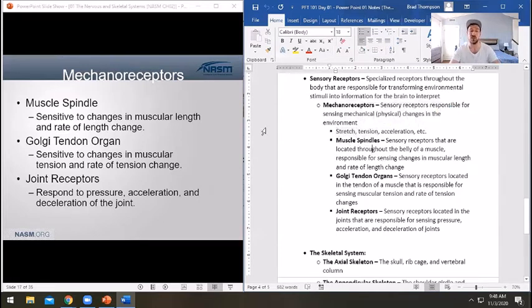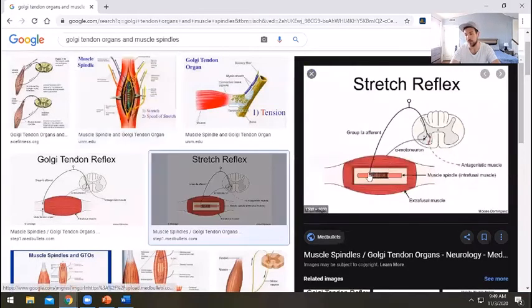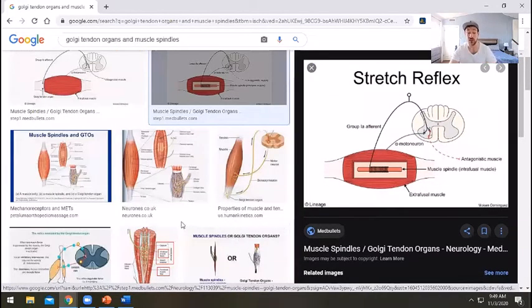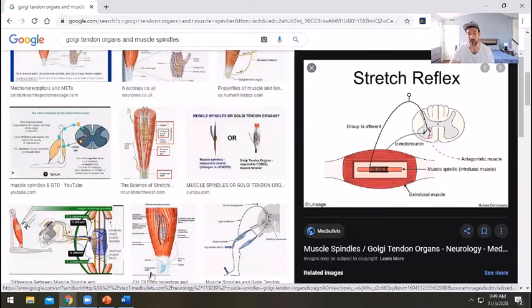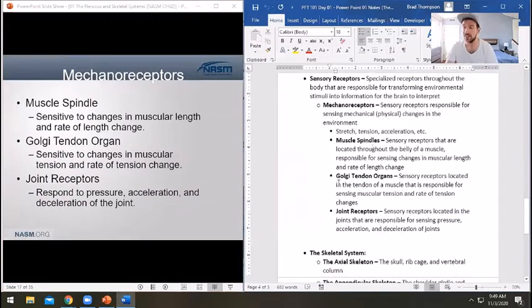So muscle spindles, they're these guys right here. They run throughout the belly of your muscle, the entire length of your muscle, and their job is to tell your brain how long the muscle currently is. Go back to proprioception: these sensory receptors are what give us proprioception.